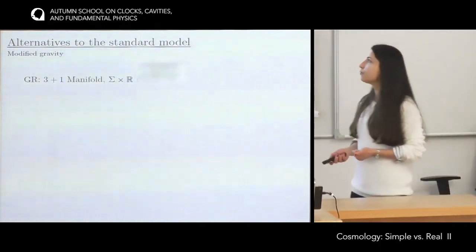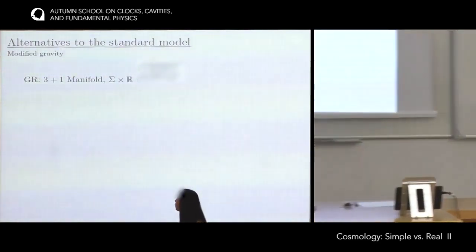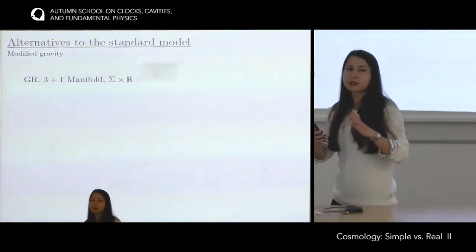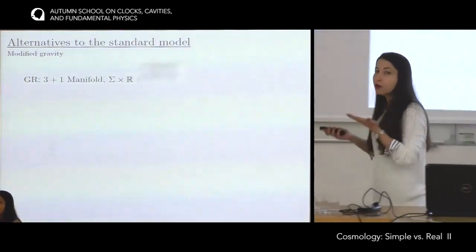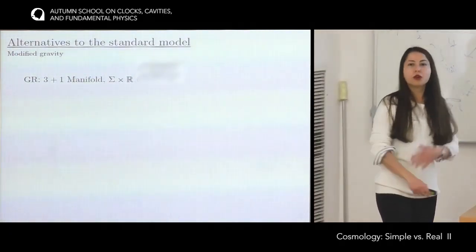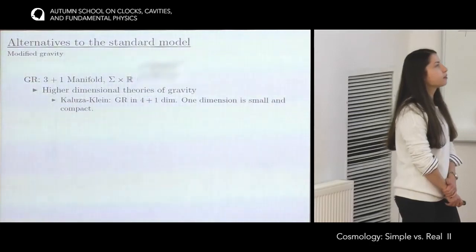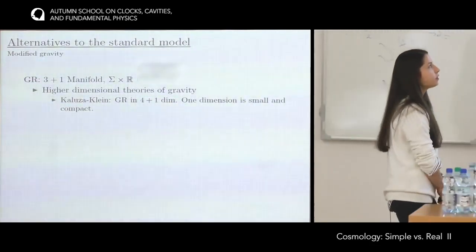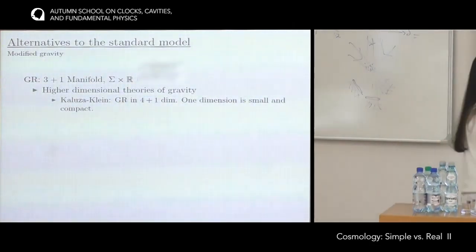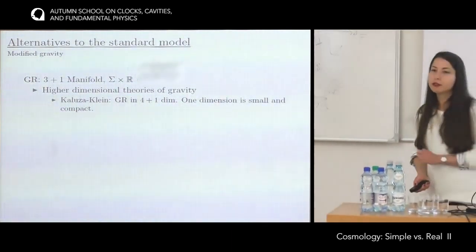So gravity can be defined on a 3+1 manifold. You have three-dimensional spatial slices which evolve in time. And if you want to go to higher dimensions, like in Kaluza-Klein gravity, you can apply GR to 4+1 dimensions, with this one extra dimension being very small.